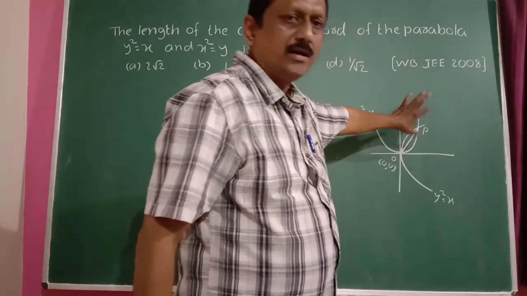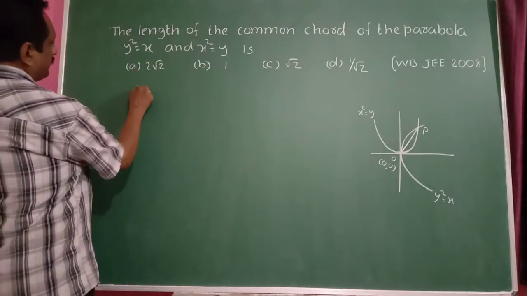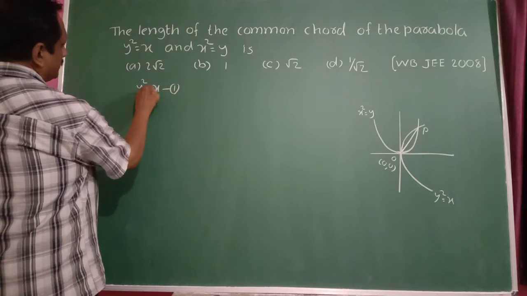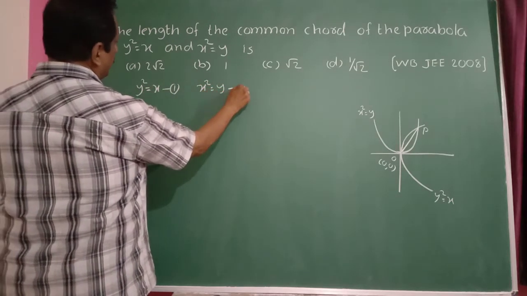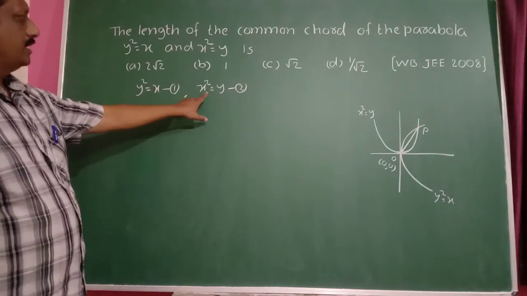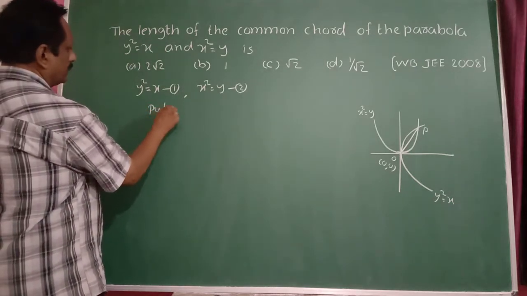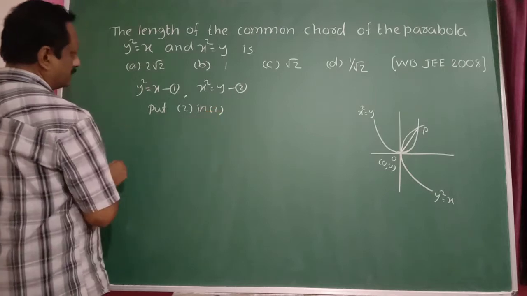First we find the coordinates of the point P. Okay, therefore here y square is equal to x, take this as equation number 1. x square is equal to y, equation number 2. So y is equal to x square. Put equation 2 in equation 1 here.